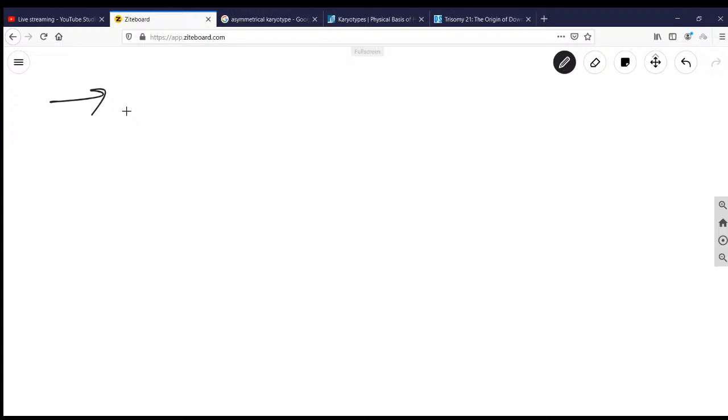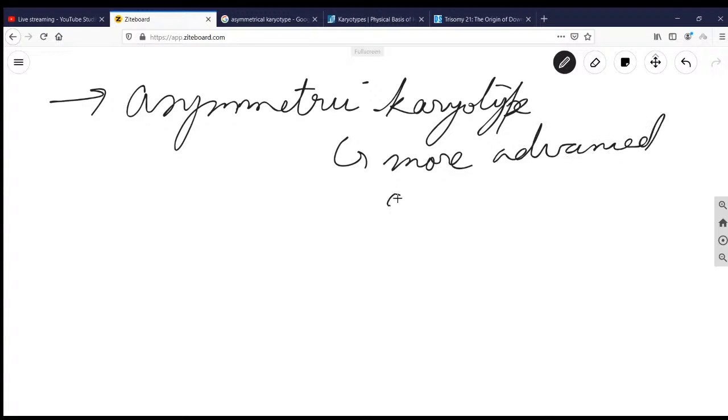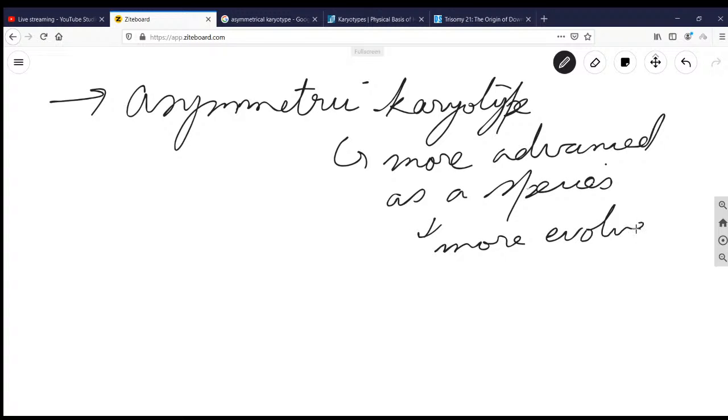What do you mean by a more complex or advanced organism? The answer is asymmetric karyotype means more advanced, not symmetric. It means you are more advanced as a species, more evolved, highly evolved compared to your counterpart.